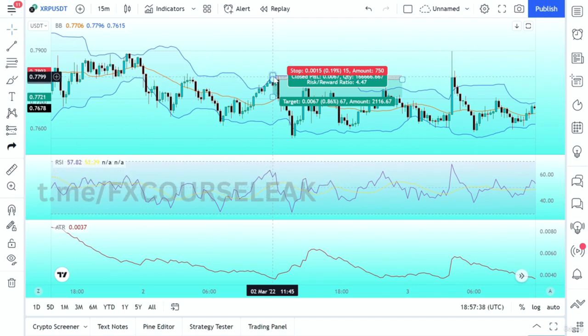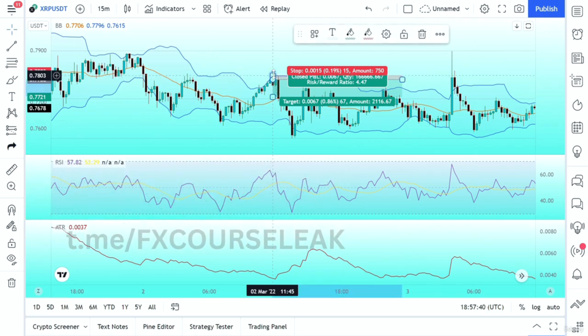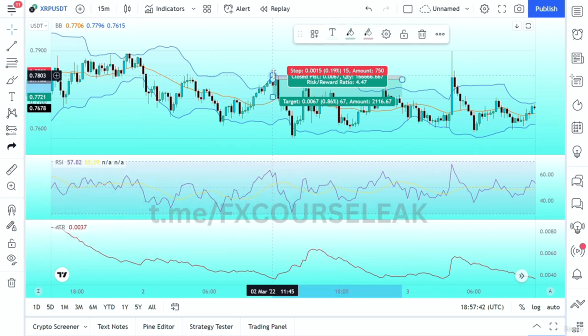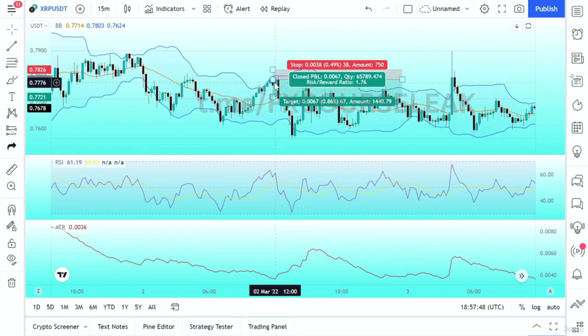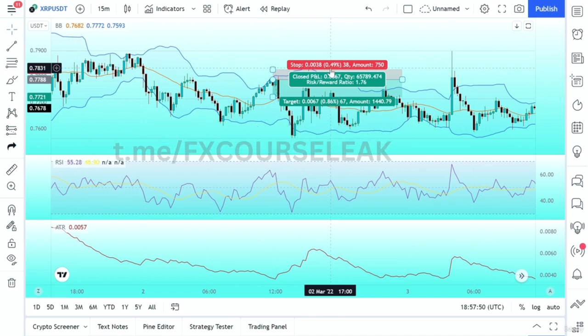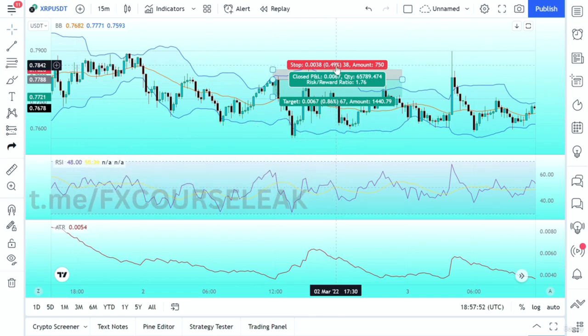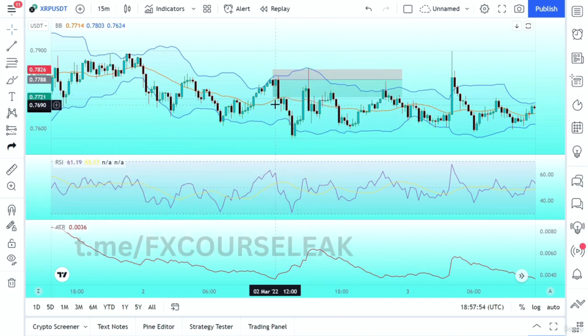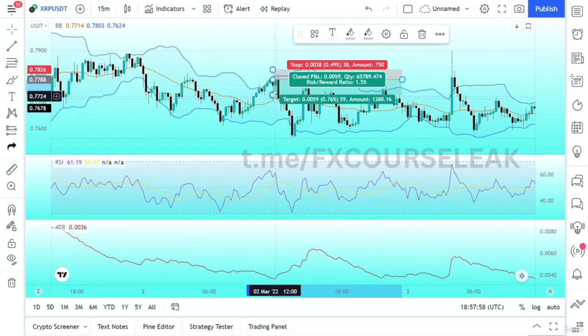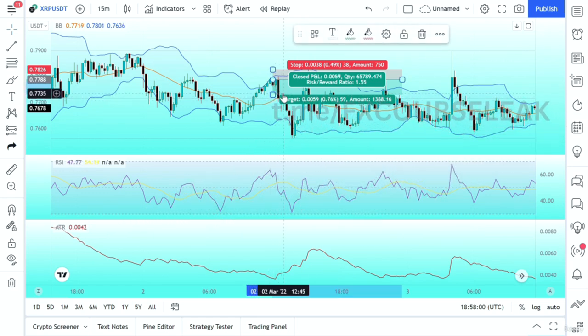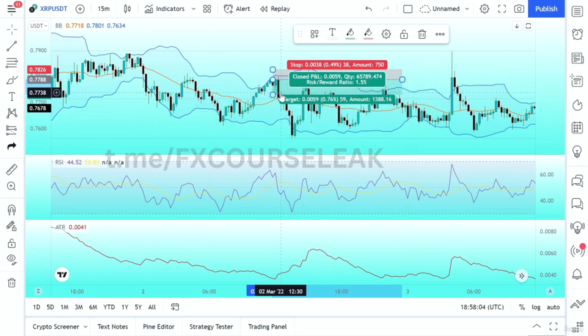So I will drag this top to 0.0037 because we have no wick for this candle, so I can't add any number to this ATR value. This will be my stop loss for this trade at 0.49%, and the take profit will be 0.75% here. But that will be a very short target.